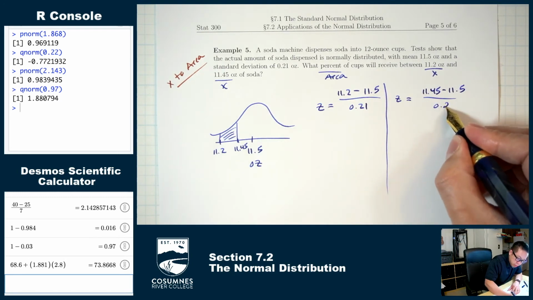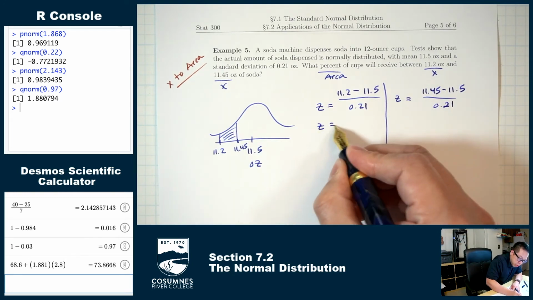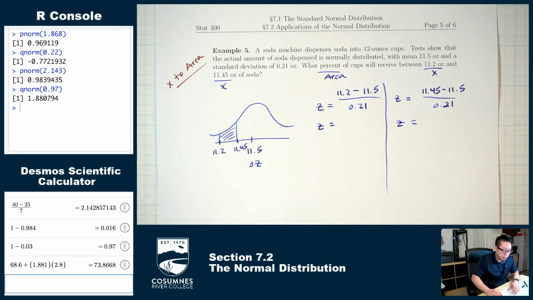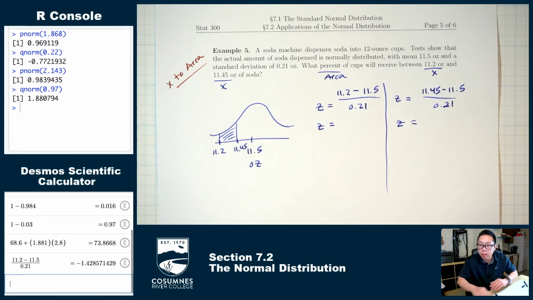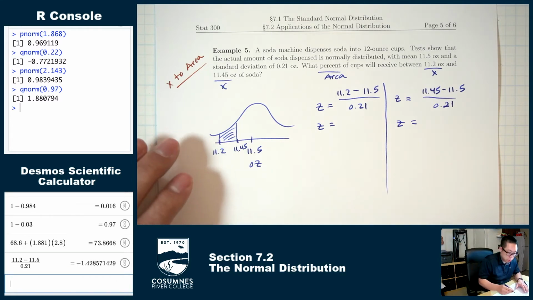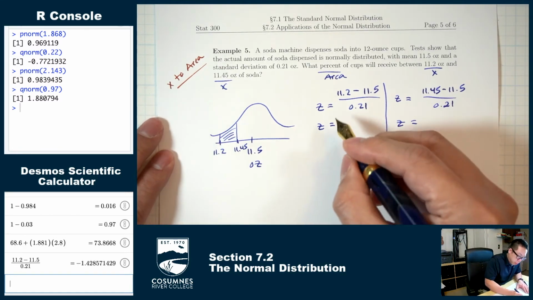All right, so on my calculator, I'm going to do both of these. The first one, 11.2, so fraction 11.2 minus 11.5 over 0.21. It's negative 1.429.